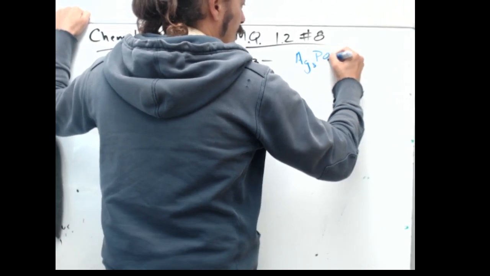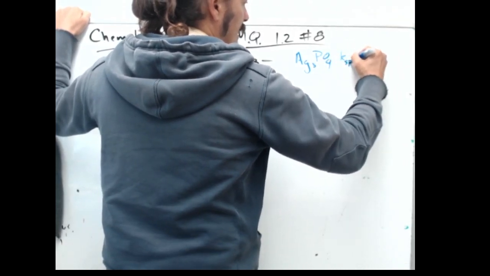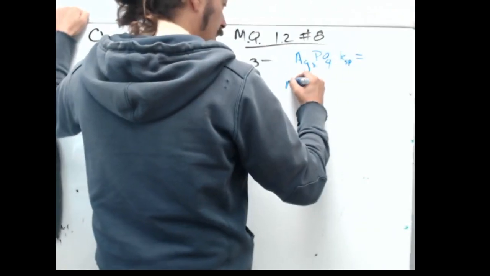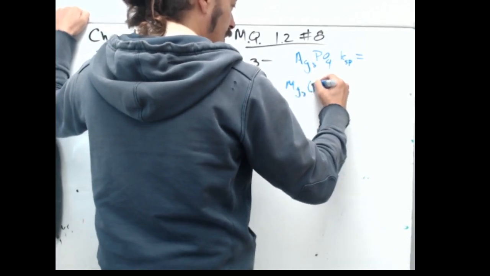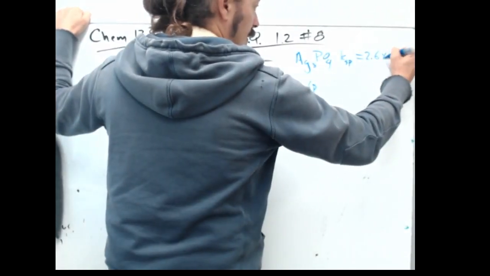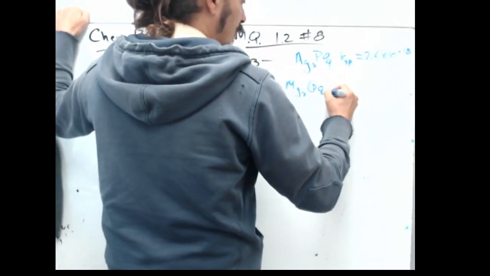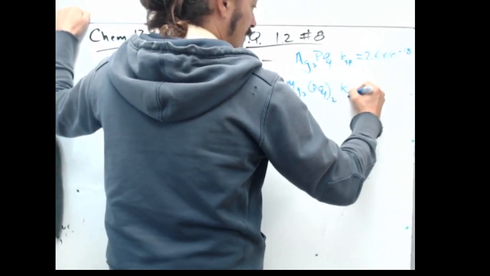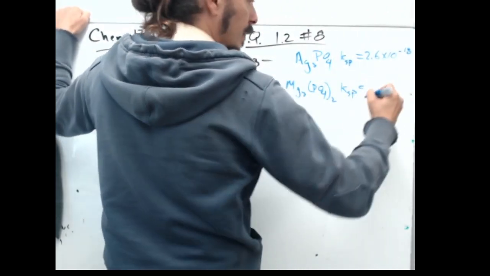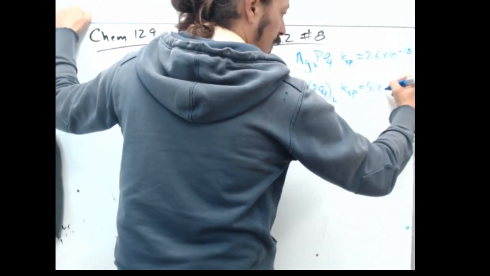Ag3PO4, KSP is equal to 2.6 times 10 to the negative 18. And for Mg3(PO4)2, KSP is equal to 5.2 times 10 to the negative 24.